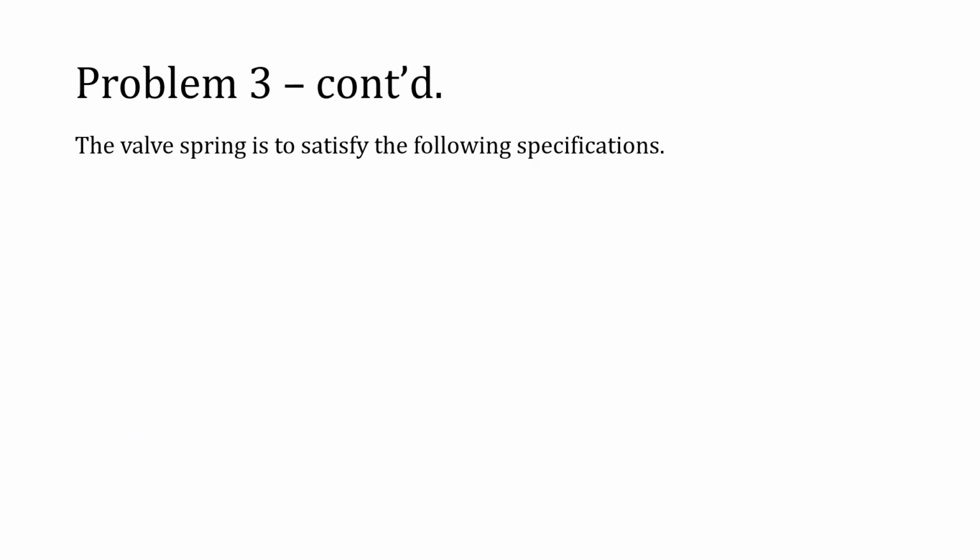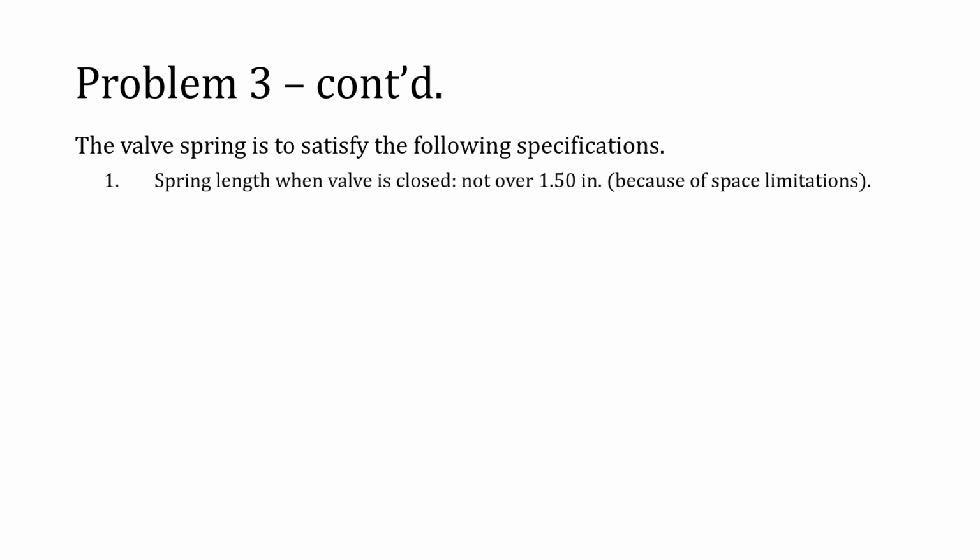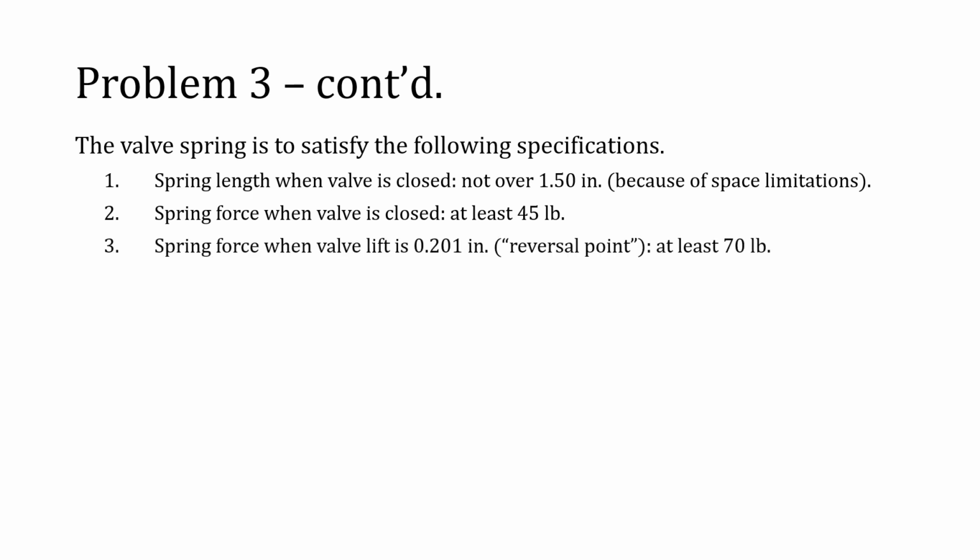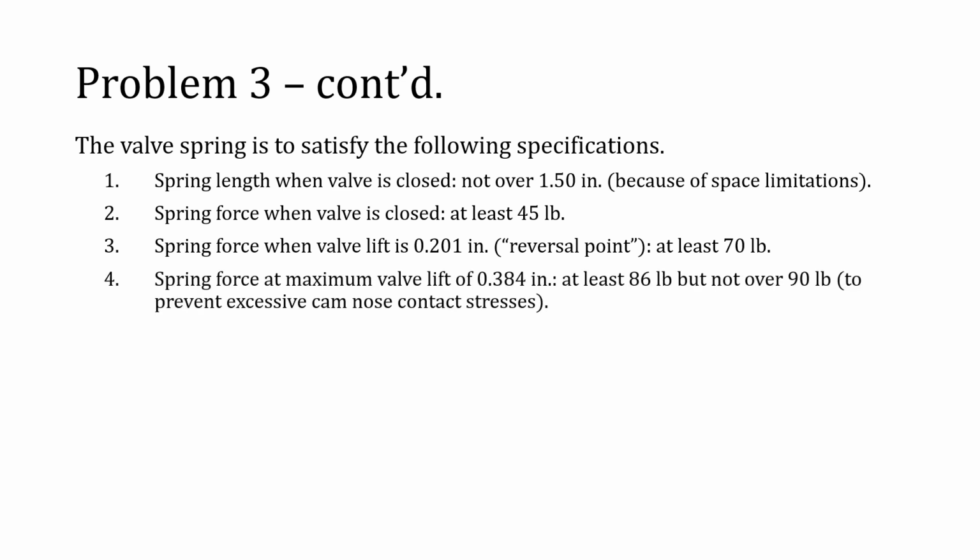So there's a few specifications that our design has to satisfy. 1, the spring length when the valve is closed cannot be over 1.5 inches. That's just because of space limitations. 2, our spring force when the valve is closed has to be at least 45 pounds. 3, the spring force when the valve lift is 0.201 inches, which is that reversal point, has to be at least 70 pounds. 4, the spring force at the maximum valve lift of 0.384 inches has to be at least 86 pounds, but not over 90 pounds.